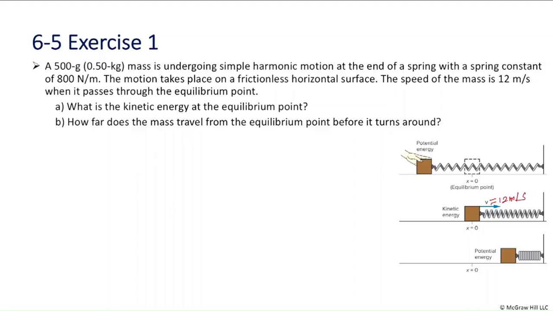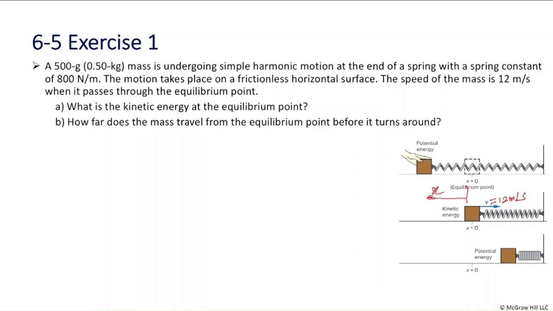Now here are the questions. What is the kinetic energy of the mass at the equilibrium point? And how far does the mass travel from the equilibrium point before it turns around? This distance. Okay. Now I want you to pause the video and try this first before I walk through it.